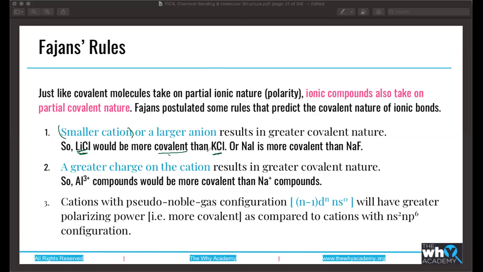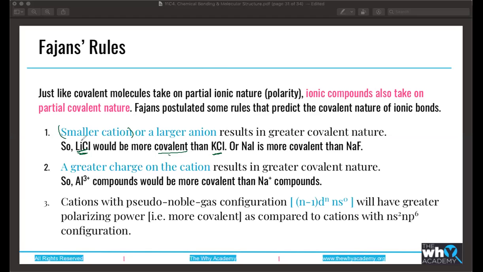Now, why is this important? Why are we talking about covalent nature? It relates to the properties of ionic compounds: they are soluble in water, and when they dissolve in water they dissociate into ions, they conduct electricity and all of that, right? Now, the greater the ionic nature, the better these properties will be.